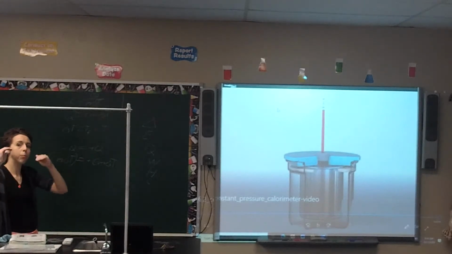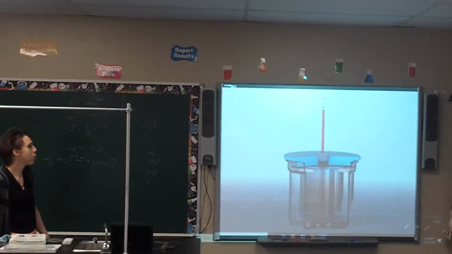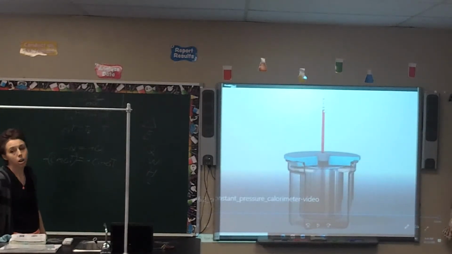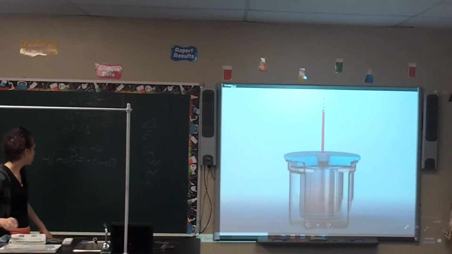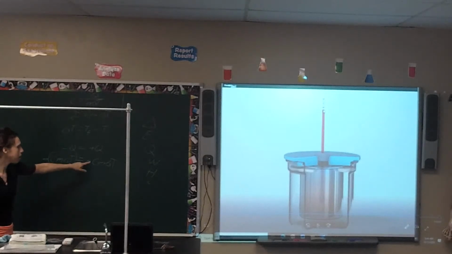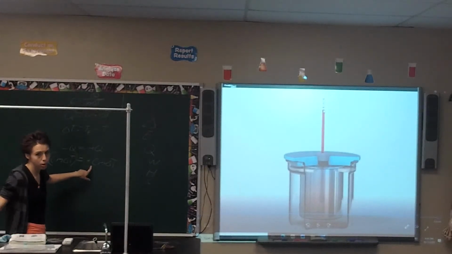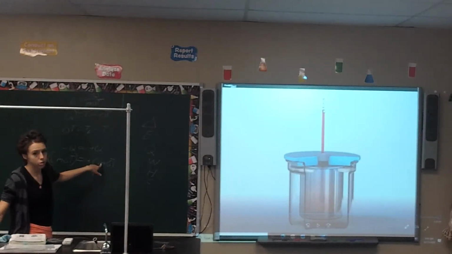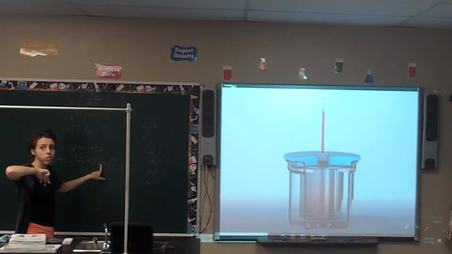They're at equal temperature, so the water is at this temperature, but the piece of metal is also at that temperature. Once we know the mass of the metal and the temperature change, we can use this to find the specific heat of the metal. We already know water's specific heat, 4.18. We already know the mass of the water since we measured it to put it into the calorimeter.